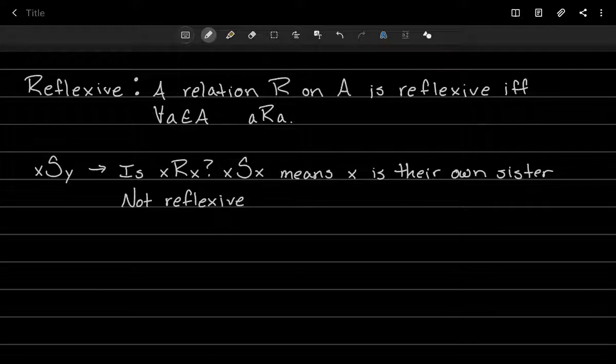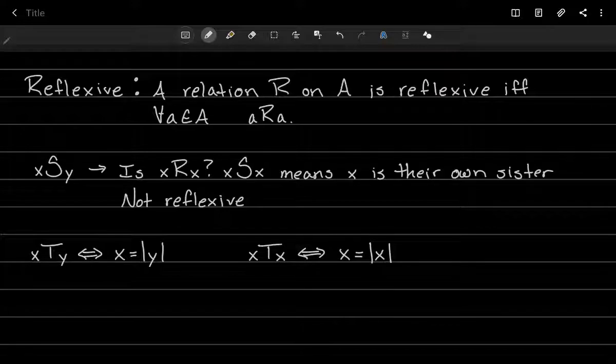Let's then look at our T. So we had said in example 1, X T Y if and only if X equals the absolute value of Y. Let's see if this is reflexive. So, is something going to be related to itself? Well, I want X related to X, but that's only going to happen if X equals the absolute value of itself. You say, well, not quite.